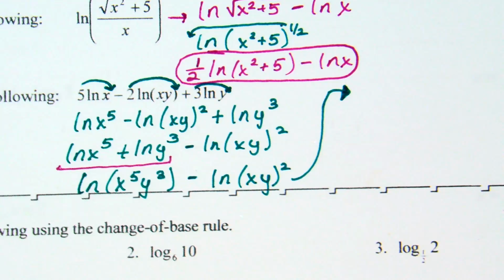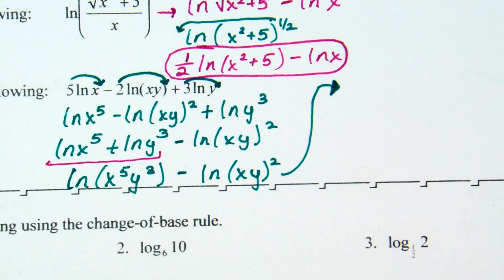So if you take care of the product rule, we also have to take care of the quotient rule. Two logs being subtracted can be rewritten as one log where the insides are divided. Don't make the mistake of doing natural log of something divided by natural log of something. It's only one log.